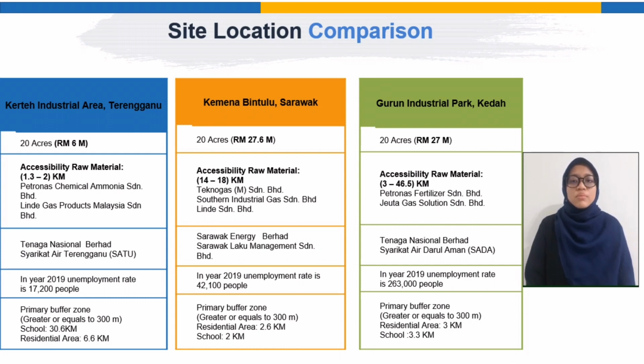For labor supply, we did research according to the 2019 unemployment rate for each state, and Gurun has the highest unemployment rate in 2019, which gives the highest estimated labor supply for the production. Lastly, for the primary buffer zone and local community consideration, the site location must be located further away from the residential area. The site location in Gurun is far away from the residential area.